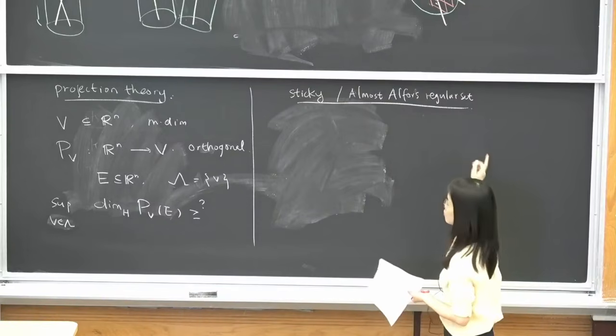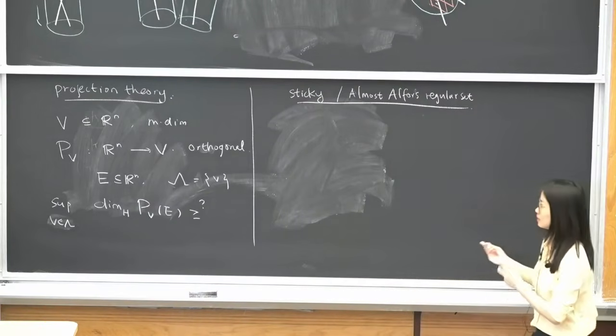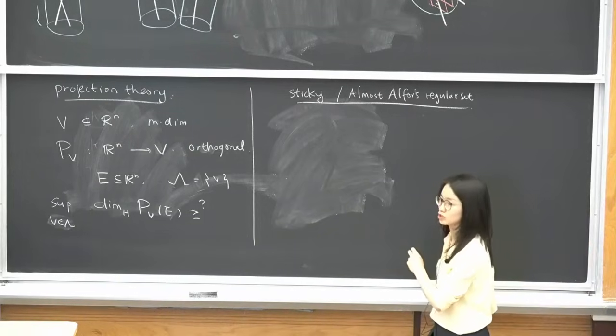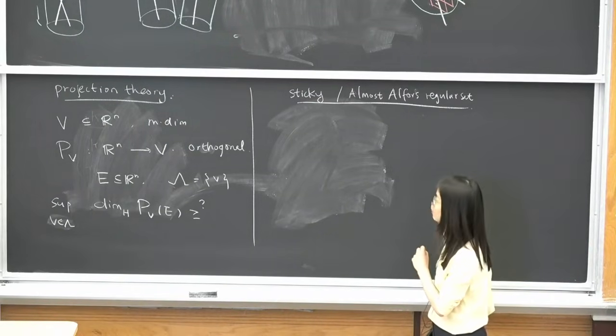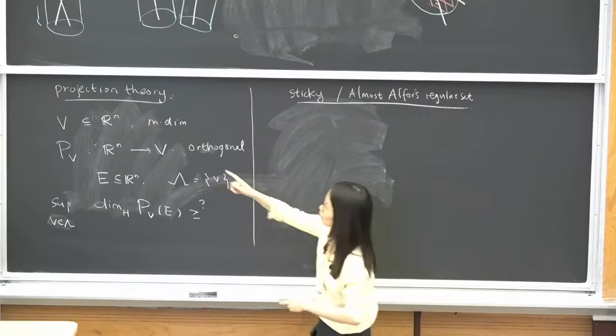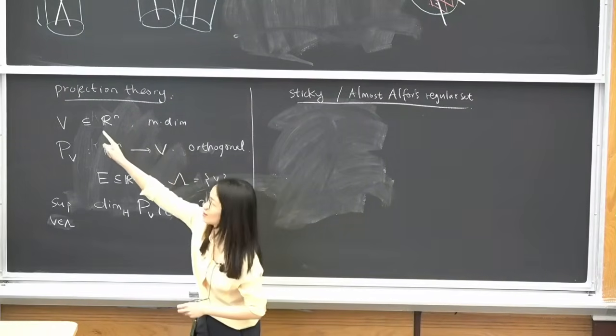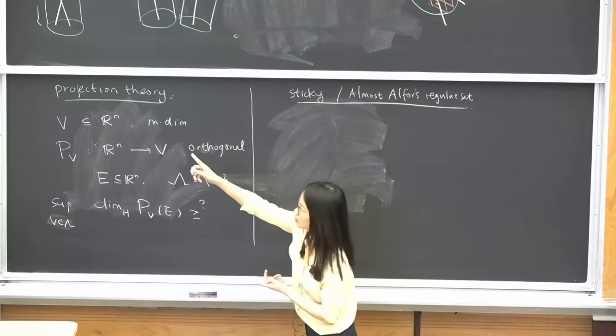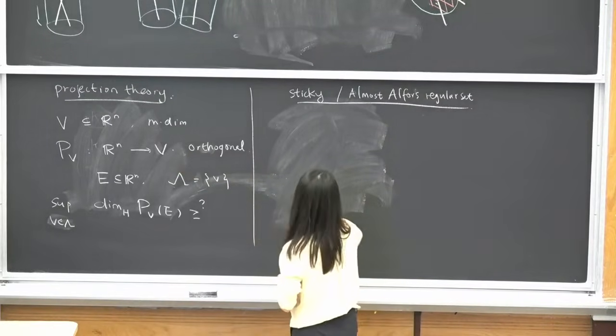Those sticky almost alpha-regular sets are some natural generalization of self-similar sets. For example, the basic example is an almost alpha-regular set, or also a sticky set.